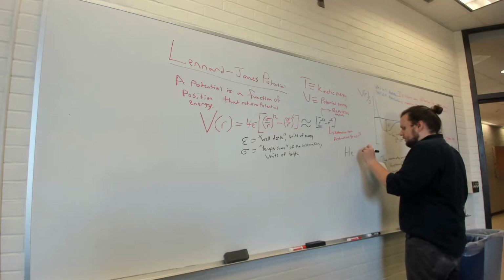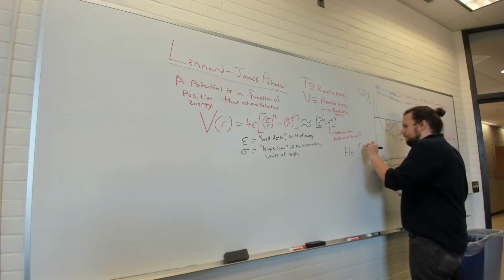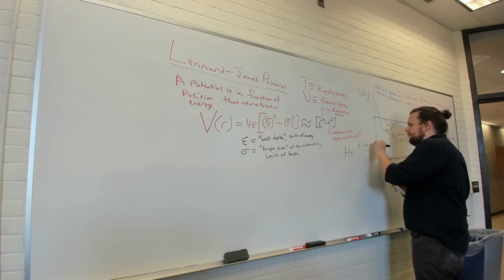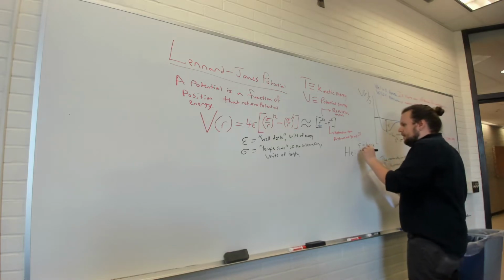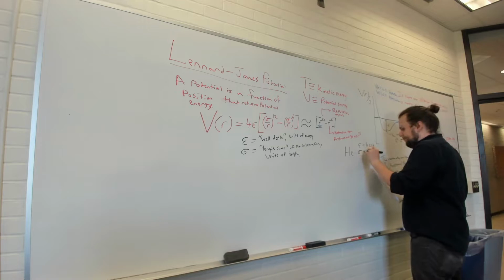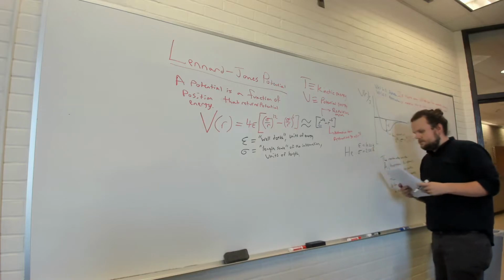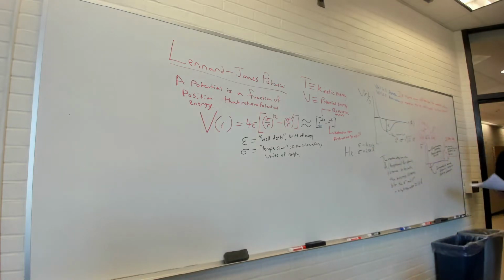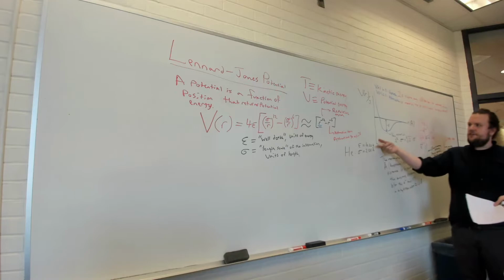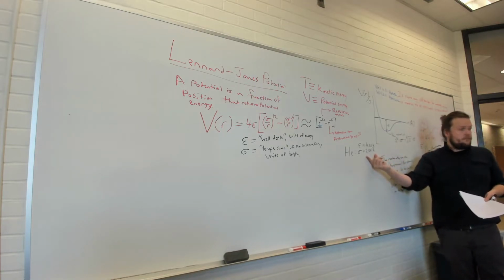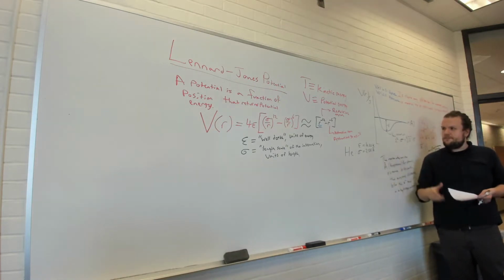Helium has an epsilon equals 10.22 Kelvin, and its sigma is 2.56 angstroms. All right, so that's how much attractive energy two heliums have at this distance, roughly. Well, it's 2 to 1/6 times this.